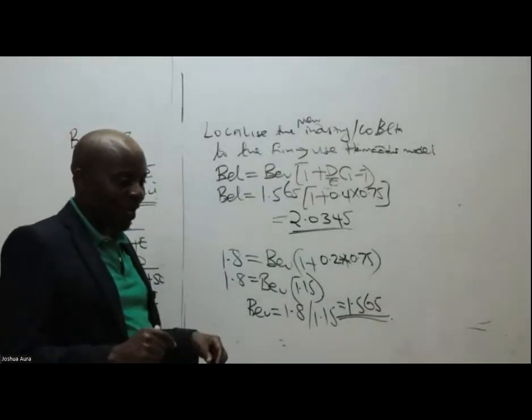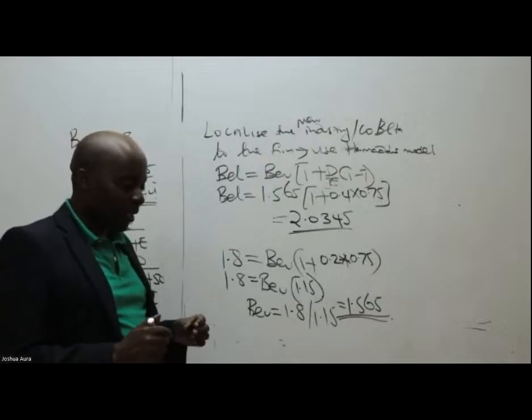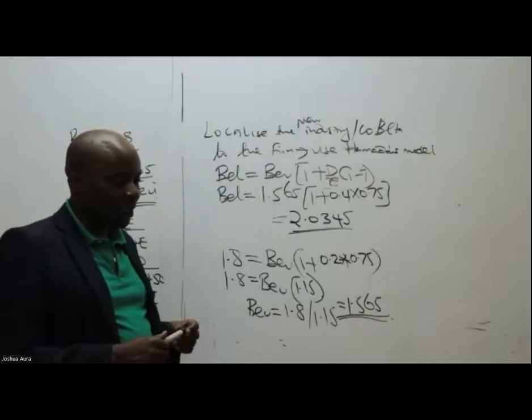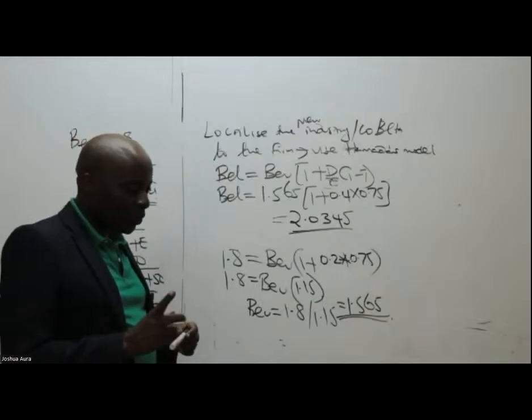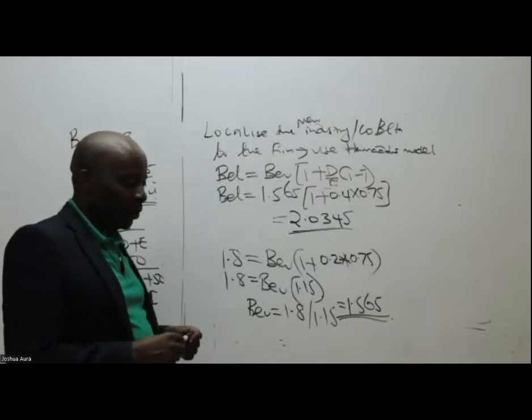I've been able to localize. I've been able to get this BEL. Then what do you think will be the next thing to be done? Please talk to me. What do you think will be the next thing to be done? Thank you so much. KEL, is it KEL or KEU?